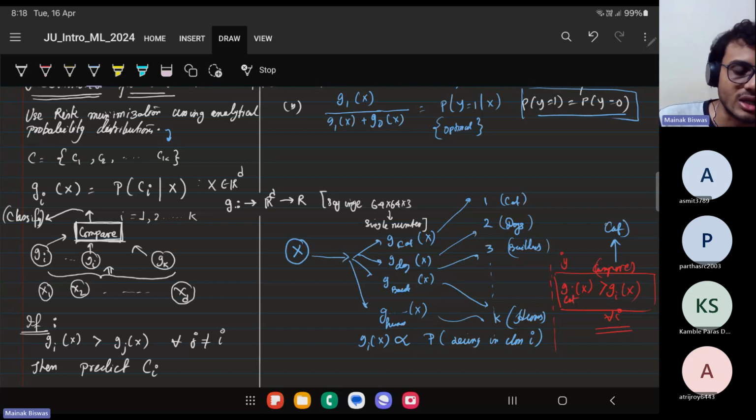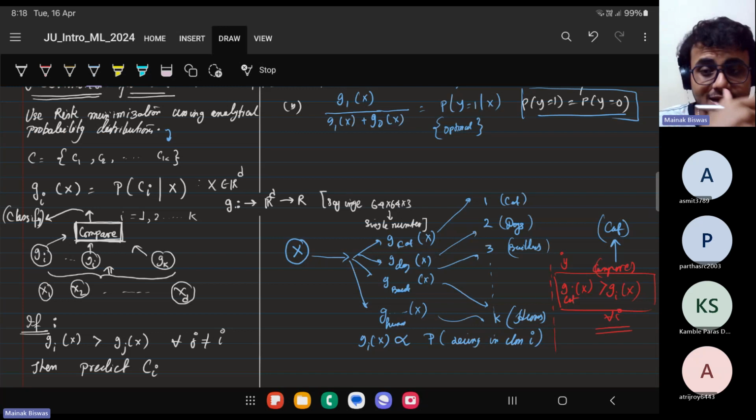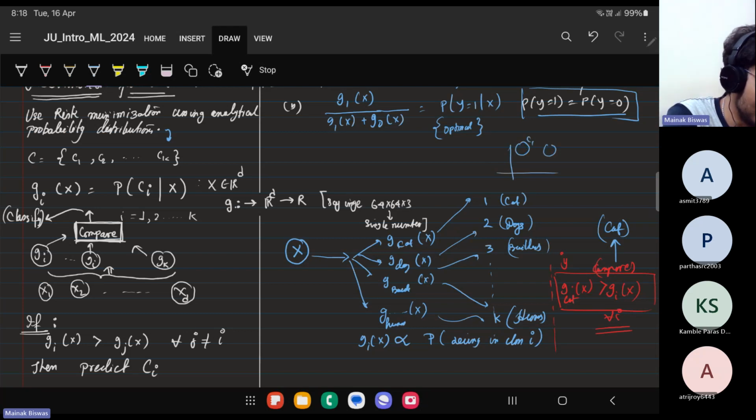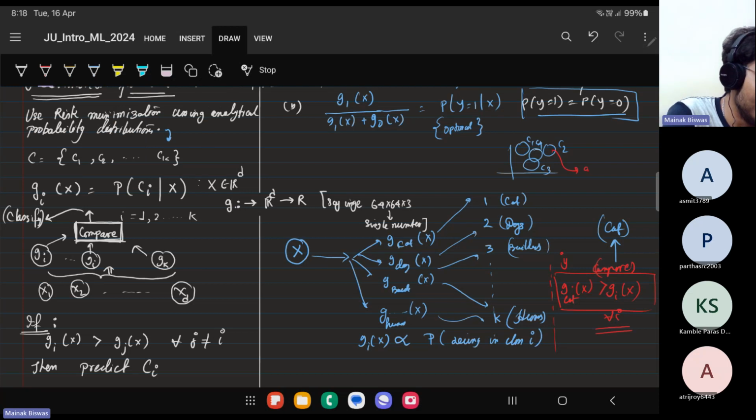Then I'll go to what these g's are actually doing. Let's say we are to categorize into K classes. Say some classes C1 is here, C2 is here, C3 is here, and C4 is here, and I want to categorize between them. I have a new point X somewhere over here.